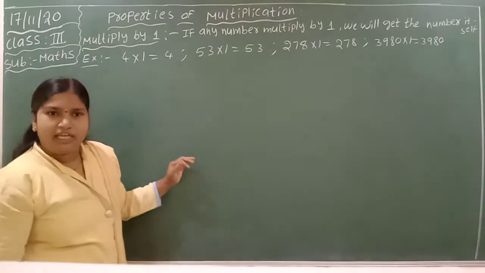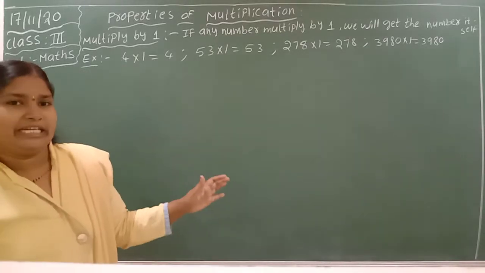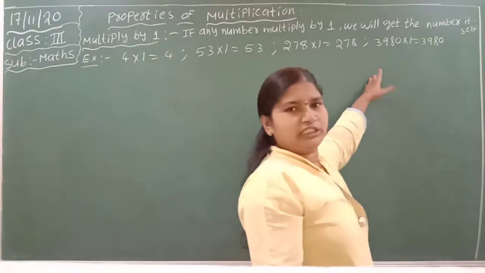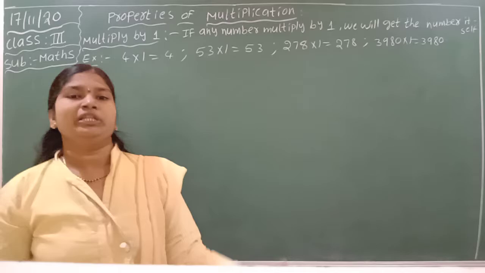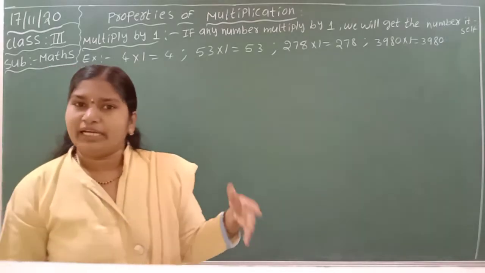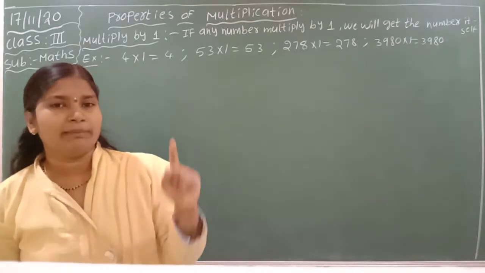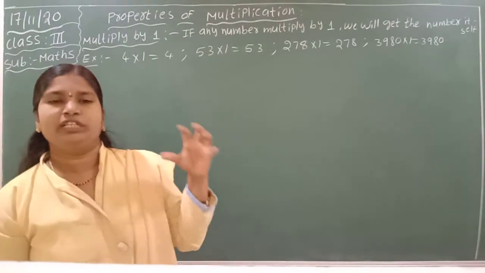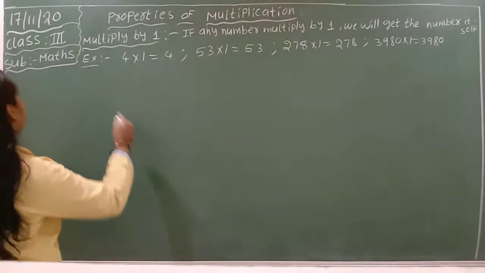Means if we take any number of digits, like 1 digit, 2 digit, 3 digit, 4 digit and so many, if we multiply by 1, we will get the number itself. It is the first property.